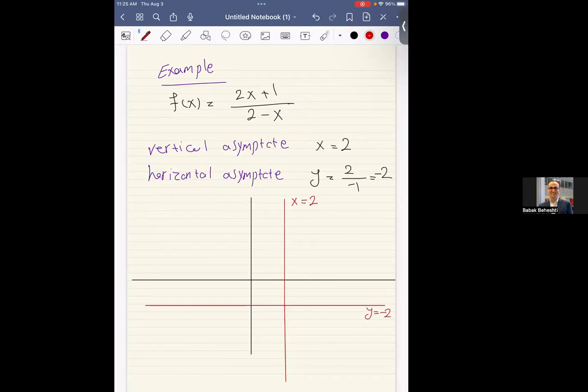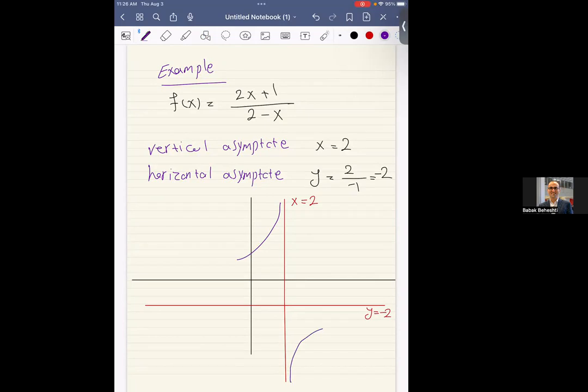Okay. Now, we have these asymptotes. How can we draw the graph? There are two possibilities for the behavior of this graph when you approach the vertical asymptote. The behavior is either like this. I mean, these are the two possibilities that I'm saying.